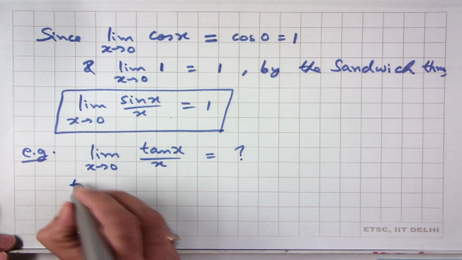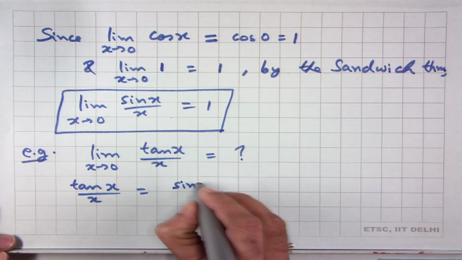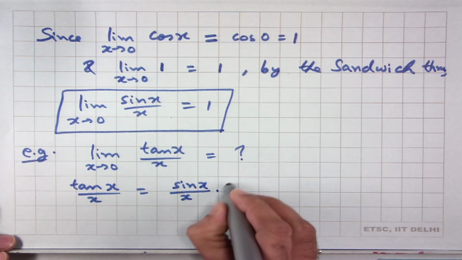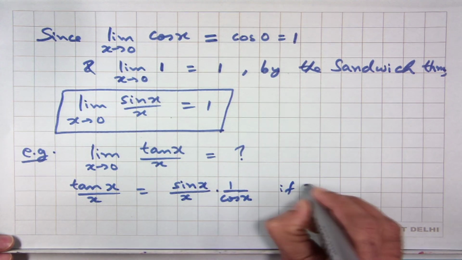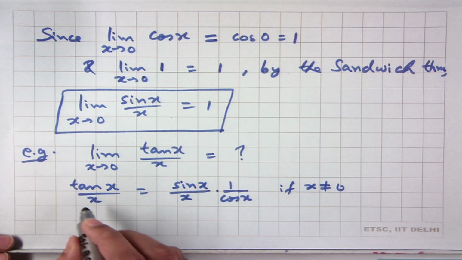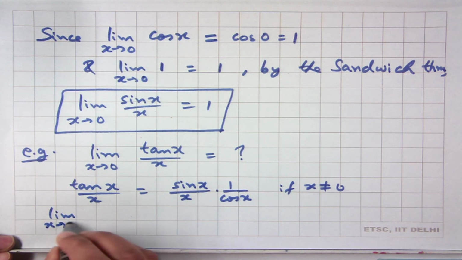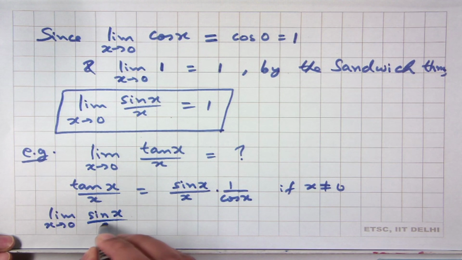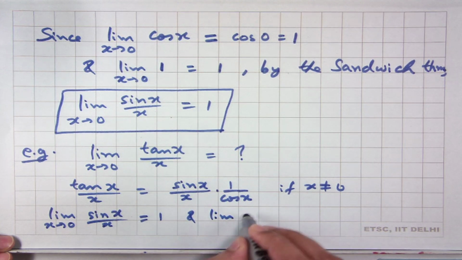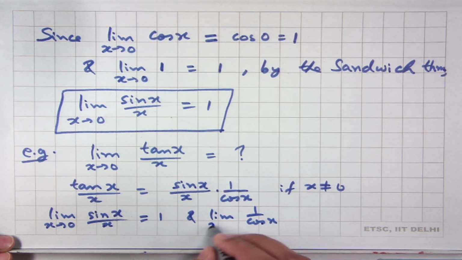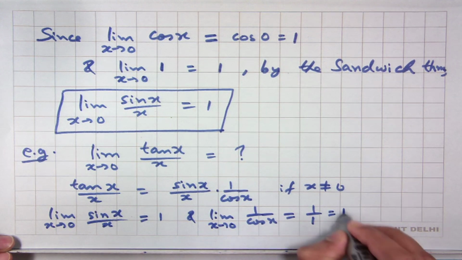So, note that tan x by x is equal to sin x by x times 1 by cos x, if x is not equal to 0, and we know that limit of sin x by x is equal to 1, and limit of 1 by cos x is equal to 1 by limit of cos x, which is 1. So, this is also 1.